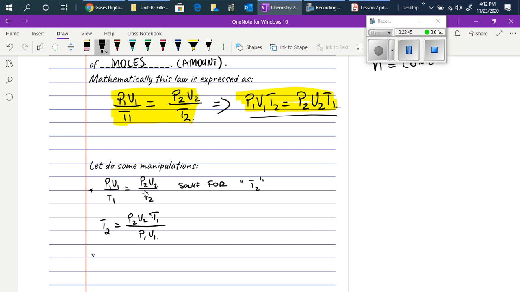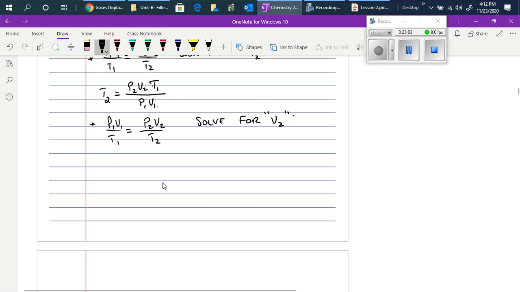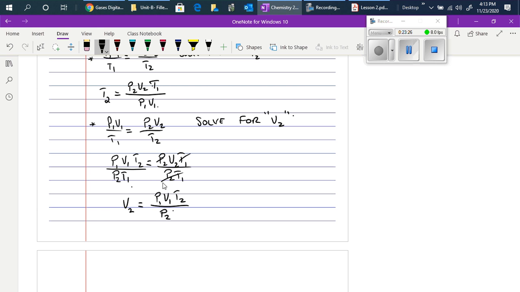Or if we have P1 V1 over T1 equals P2 V2 over T2, and we are solving for V2, then what we do in this case is go P1 V1 T2 equals P2 V2 T1, and then divide both sides by P2 T1 so that those are canceled out, and then V2 will be P1 V1 T2 over P2 T1.